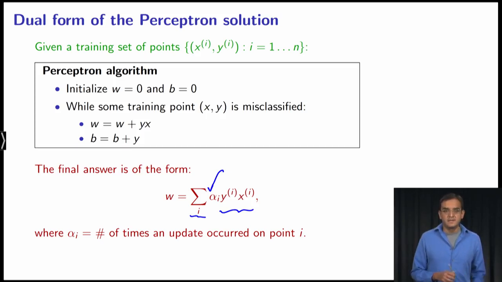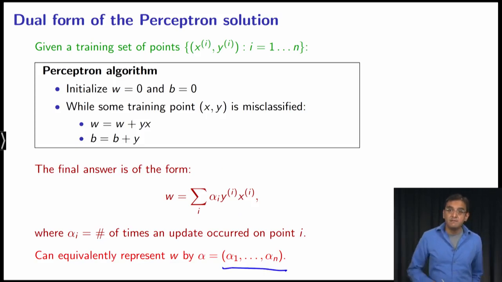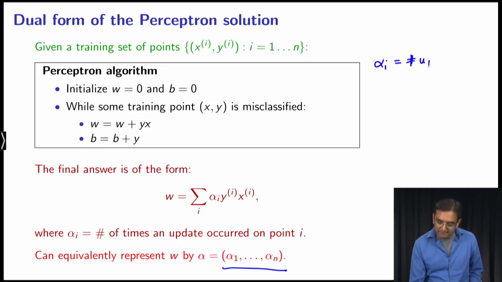So this is interesting because it means that we can represent the final answer as the vector w, or equivalently, we can represent the final answer just by providing these coefficients alpha 1 to alpha n. So alpha i is just the number of times we updated on point i.